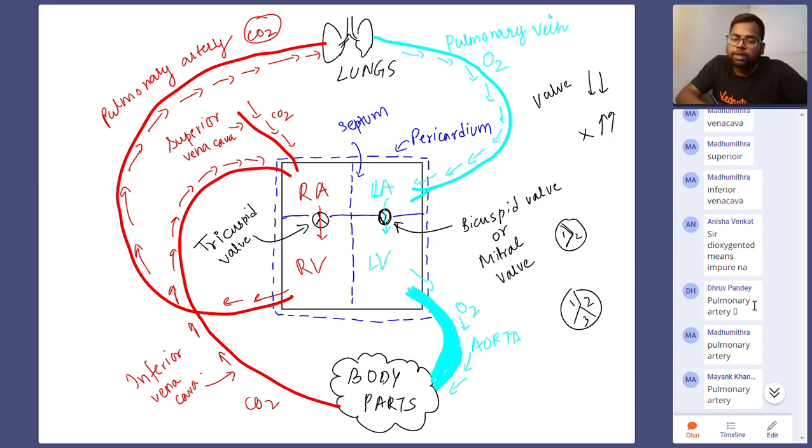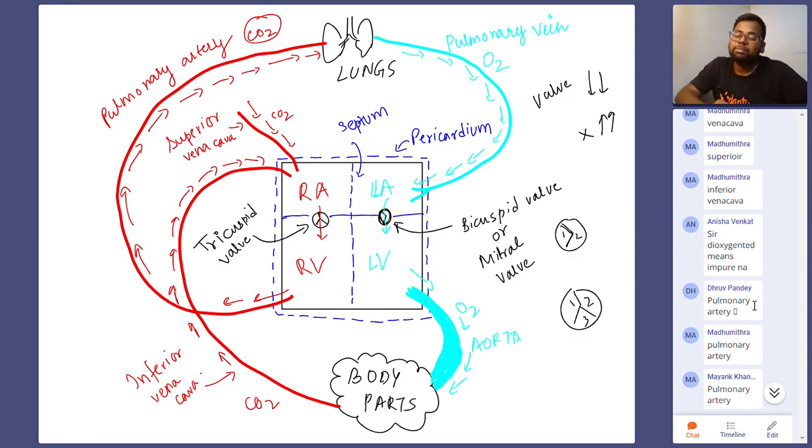From the lungs, oxygenated blood will come to the left atrium. Clear? Who is carrying it? Pulmonary vein. Now from the left atrium, it will go to the left ventricle via the bicuspid valve. Now from the left ventricle, it will go to the body parts via the aorta. Aorta is the largest artery. Now the body parts will use oxygen and give out carbon dioxide.